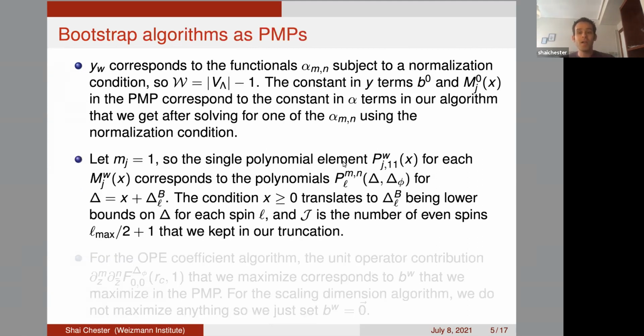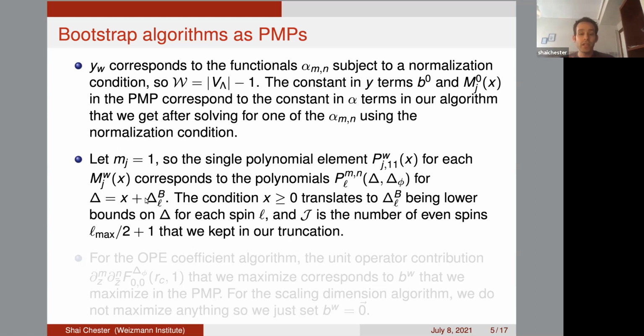So then the single polynomial element p^{wj}_{11}(x) for each of these M's corresponds to the polynomial P defined in the previous slide, which is why we use the same symbol, where we identify delta to be x plus the bound, which we were assuming delta has.